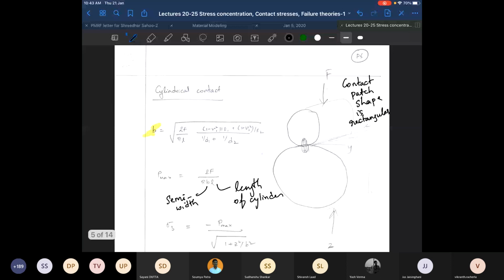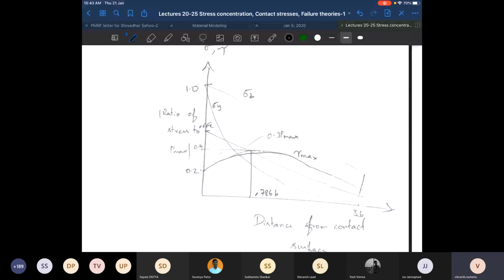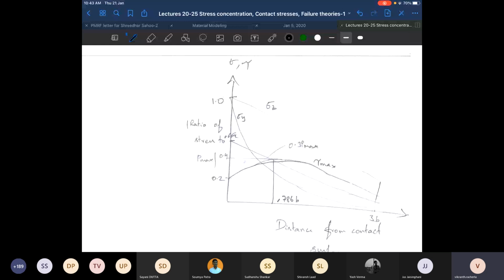Once again, what I want you to pay attention to is this graph of how the stresses vary along the depth. This is the depth direction. Once again, you see the maximum shear stress is not on the surface. This is for pure rolling, which means there are no shear stresses on the top surface; you are only applying normal load.